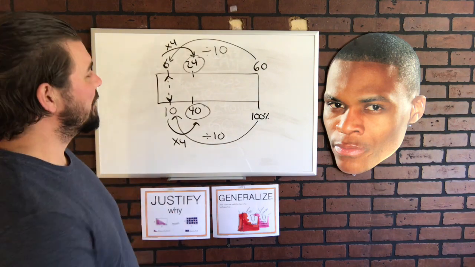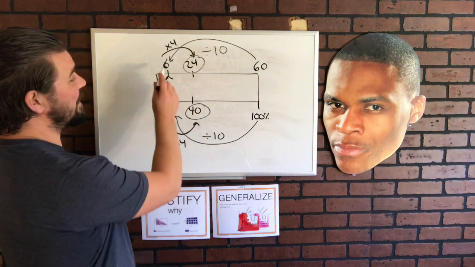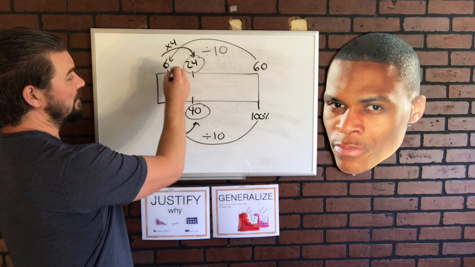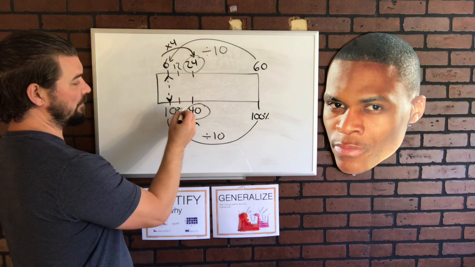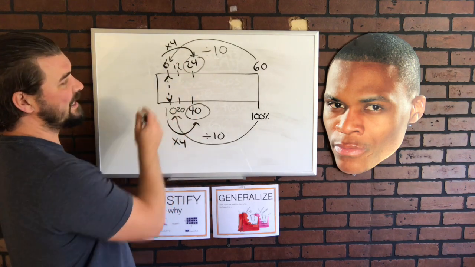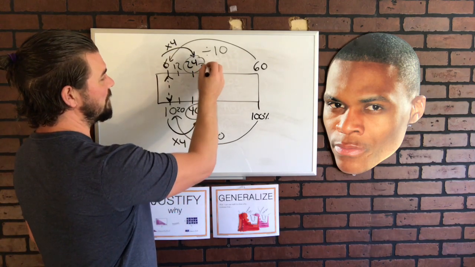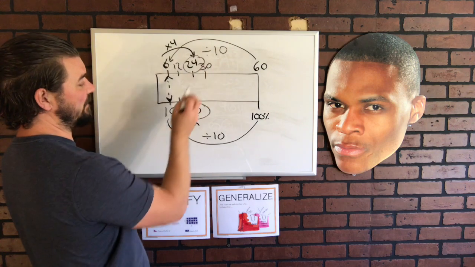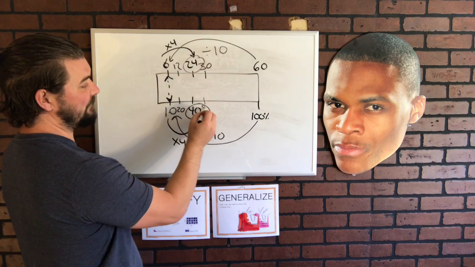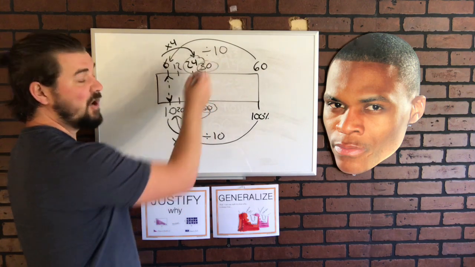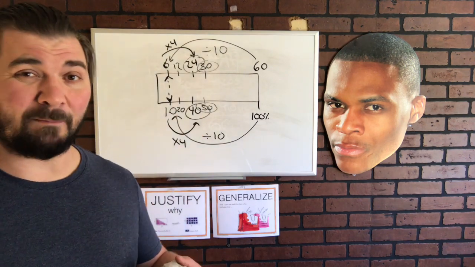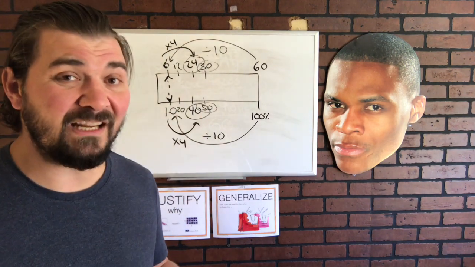Other numbers that could be on here, I could go 6 and 12. If I did 12 here, this would be 20. What if I want to know how many 30 was? Well, 6 times 5 is 30, so 10 times 5 is 50, 50%. Once I build this percent bar, I can figure out any of the numbers.